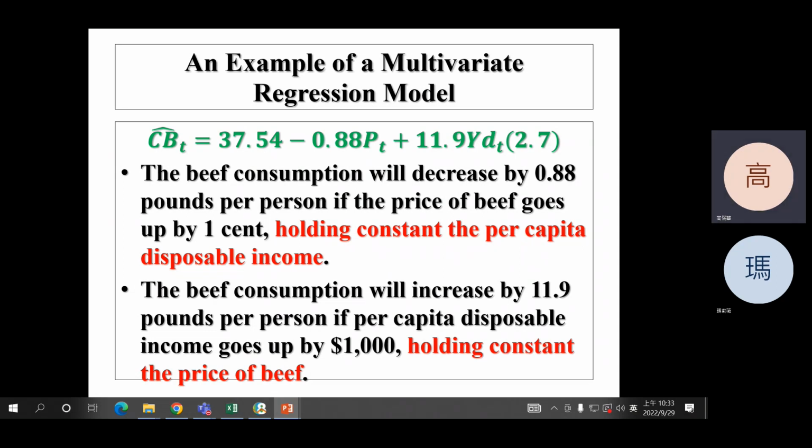Then holding constant the price of beef. Okay, be careful. This is very important. Everybody has to understand how to interpret those meanings. So next week, if you do the presentation, you have to say something like this.